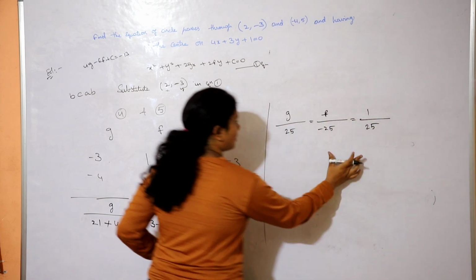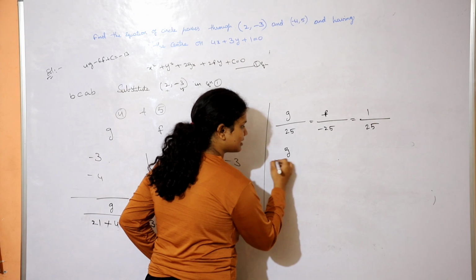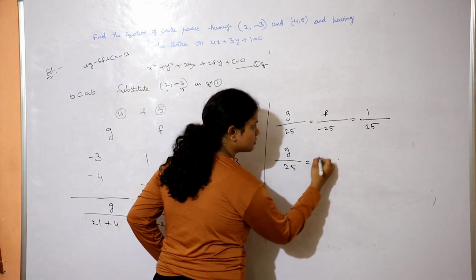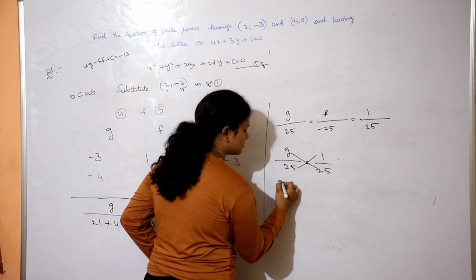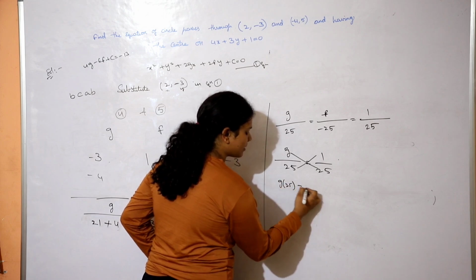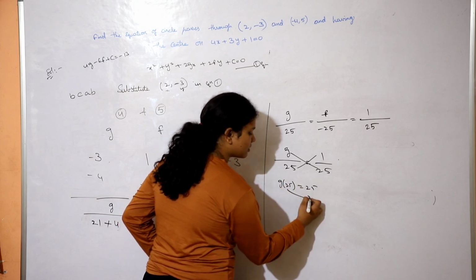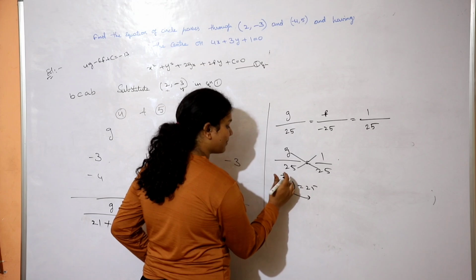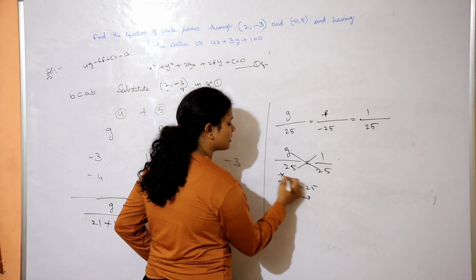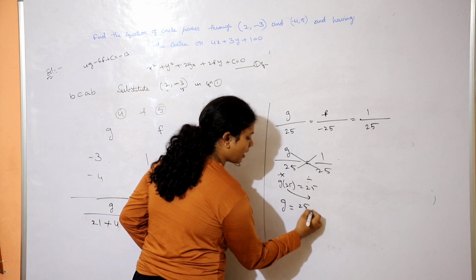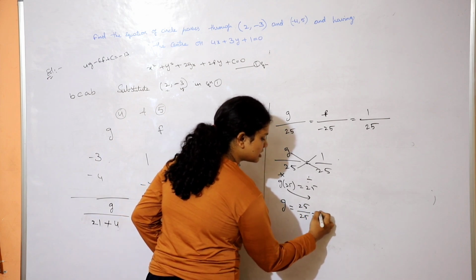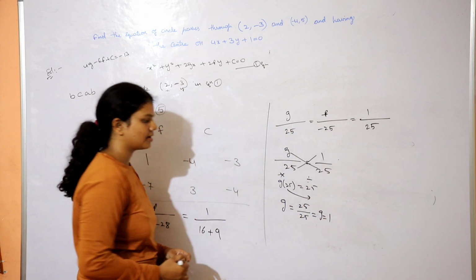So solve this up: 9 g by 25 equals 1 by 25. So, cross multiplication, this becomes g into 25 equals 25. If you take this 25 to the other side, it becomes divided. So g equals 25 upon 25. G equals 1. Clear?